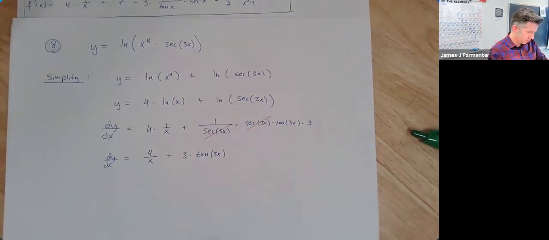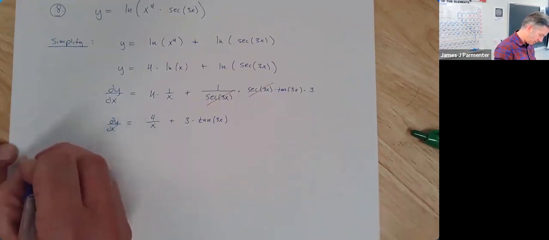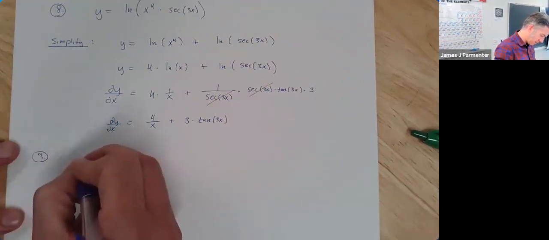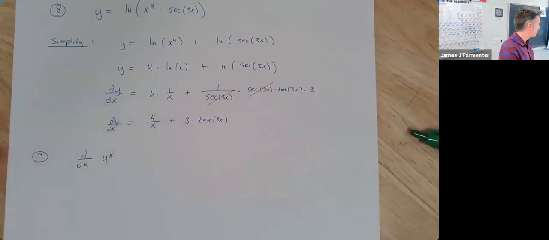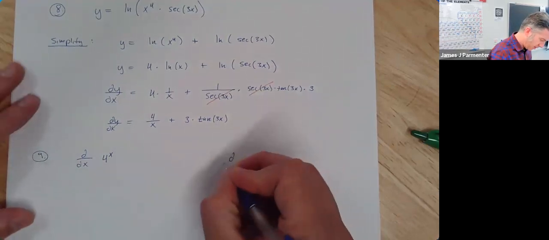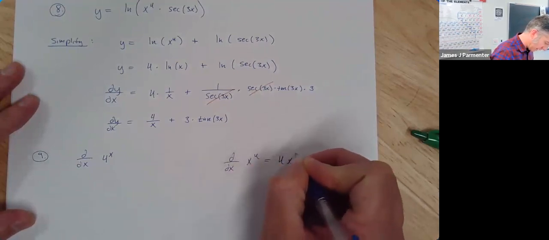So what I really wanted to get to was, what if we have things with different bases? Meaning, what if I want to take the derivative of, say, 4 to the x? Just so everyone's on the same page, the derivative of x to the 4th is 4 times x to the 4 minus 1.